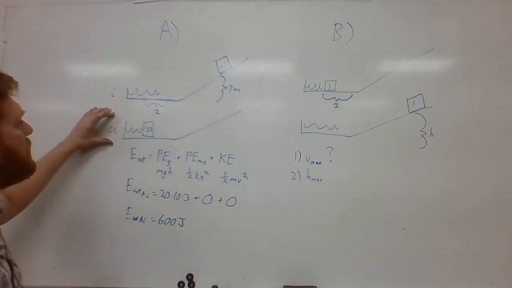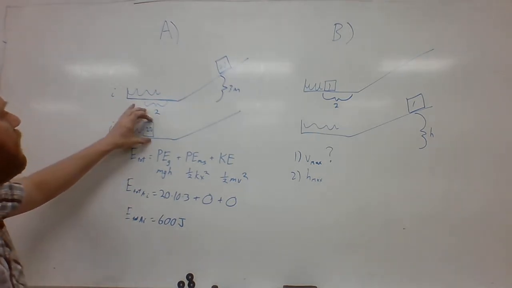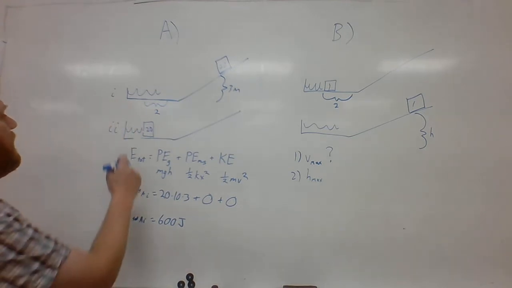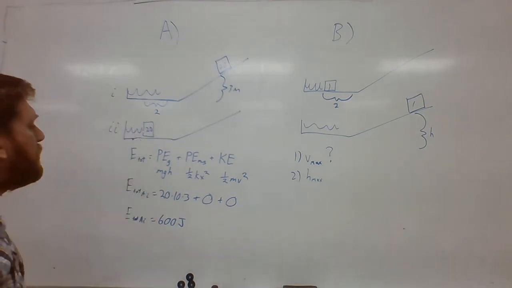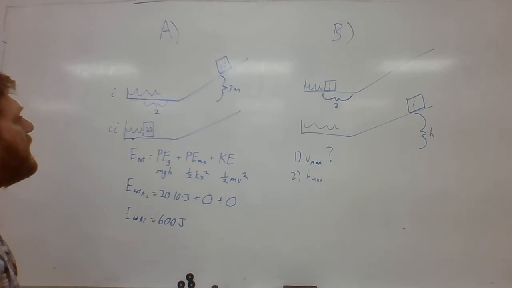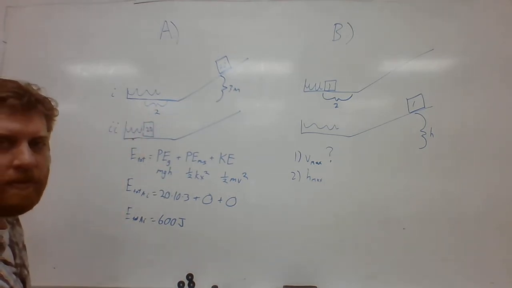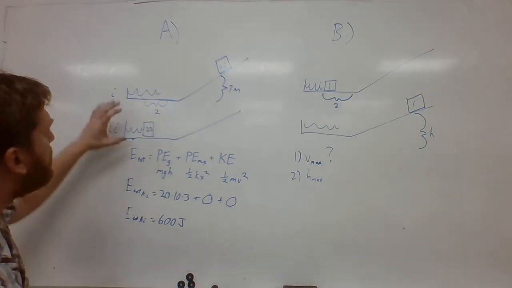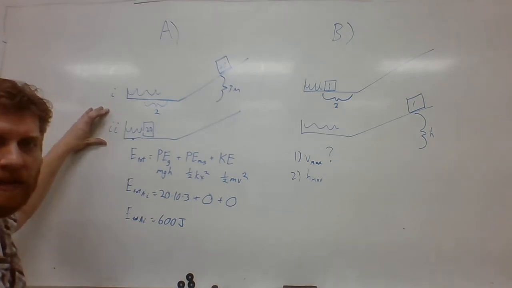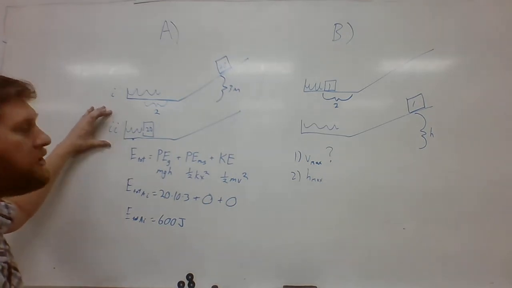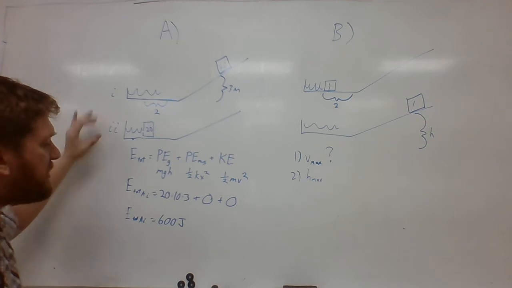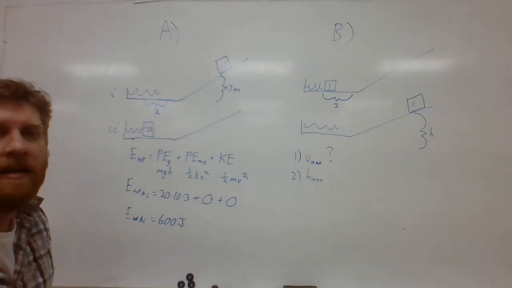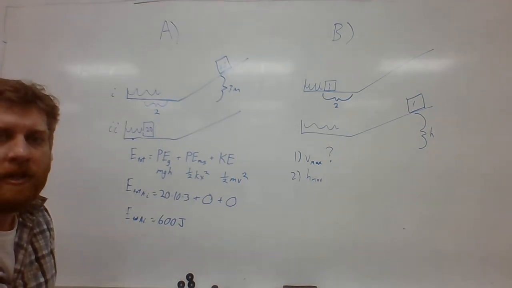Now I have another situation down here where I compress this spring, and we compress it 2 meters. What is the total energy of the second situation? The total energy of the second situation is still 600 joules. Why? Because energy is conserved.